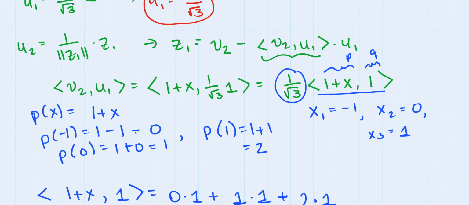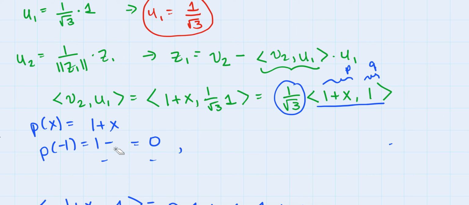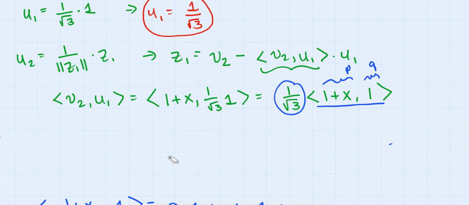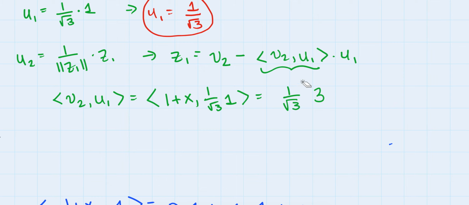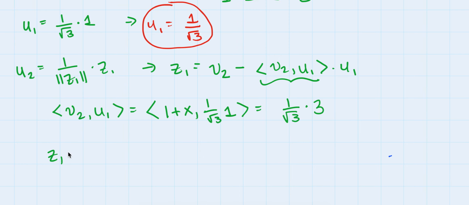So what I'm going to do, so I don't have to move way far down, I'm going to erase this. And I'm going to put 3 here because that's what the inner product is. And now we can put 3 over root 3 here. So z1 is equal to v2 minus 3 over root 3 times u1.